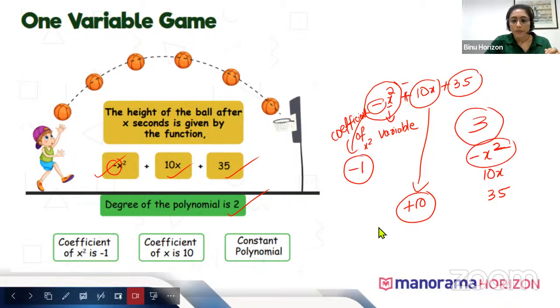Now, okay, now let's see. Start moving. One minute.